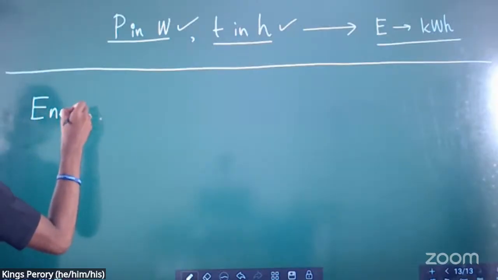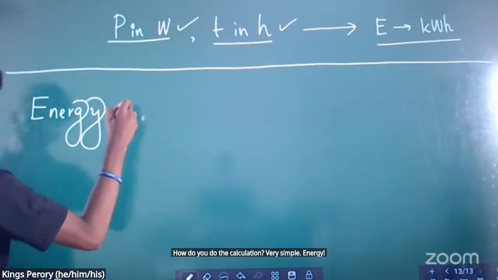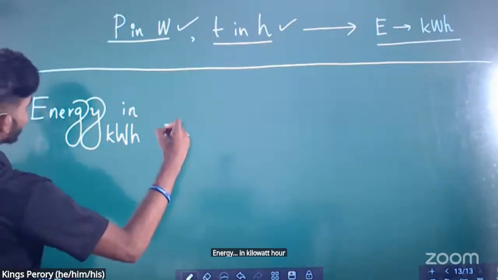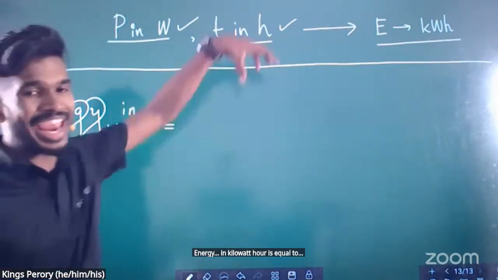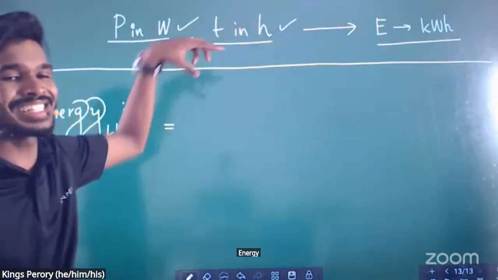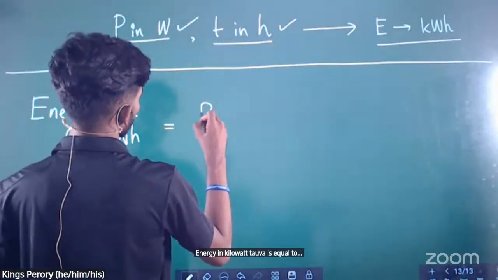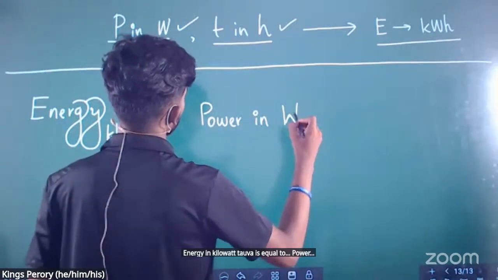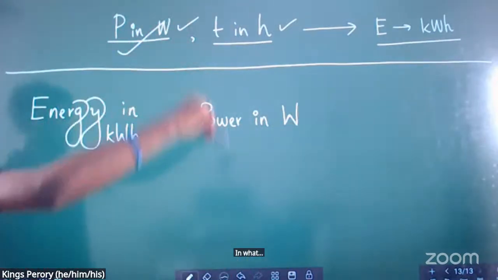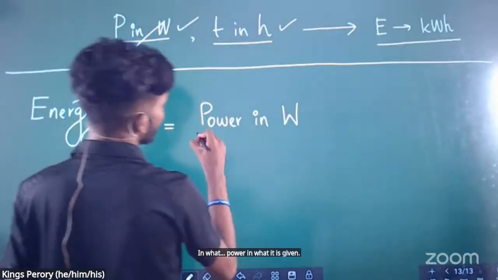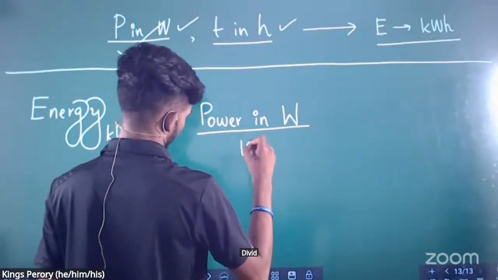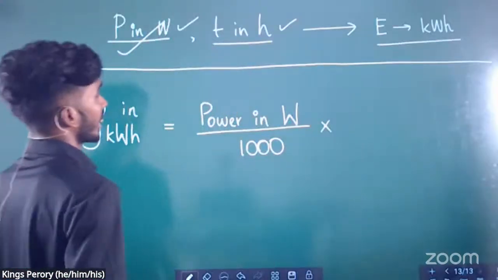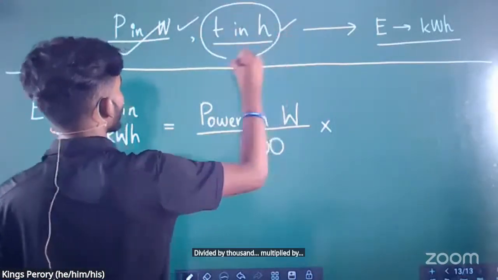Energy in kilowatt hour is equal to power in watt, whatever is given, divided by 1000, multiplied by the number of hours.